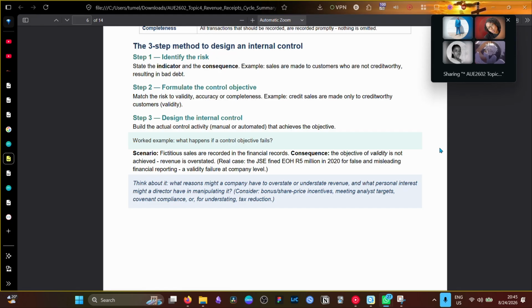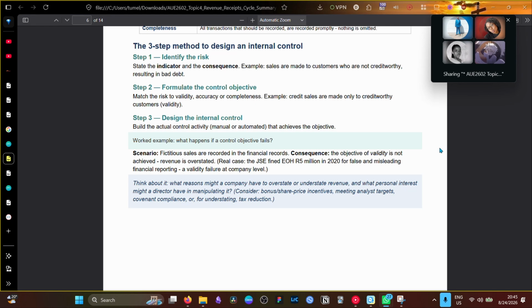Here, I can't say it properly, but these are the imaginary sales that were recorded in the financial records, and then the consequences. The objective of validity is not achieved.